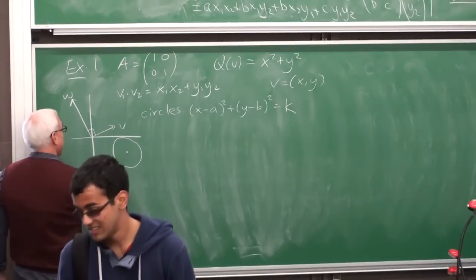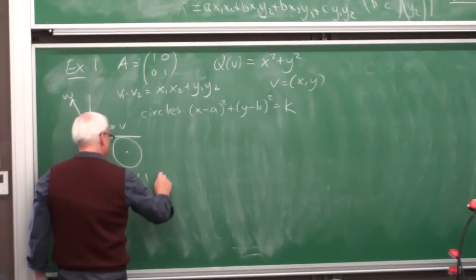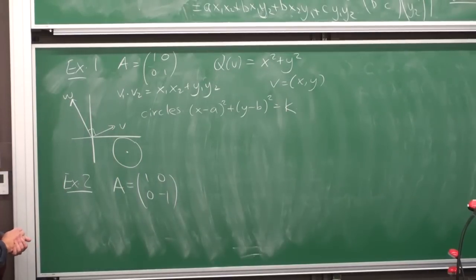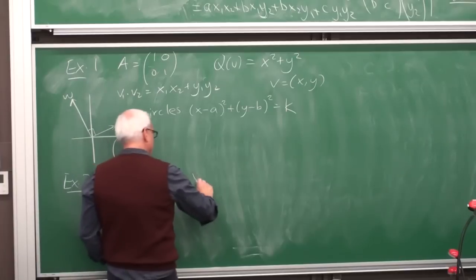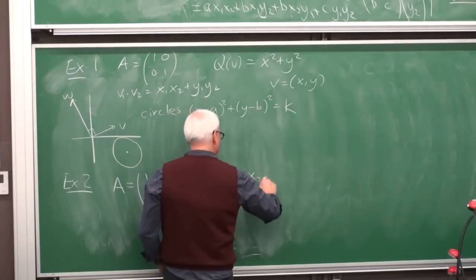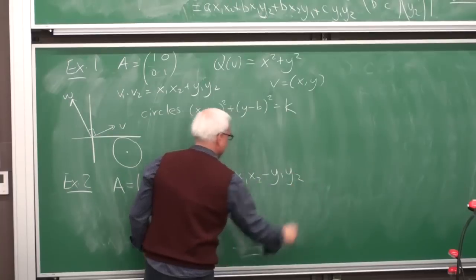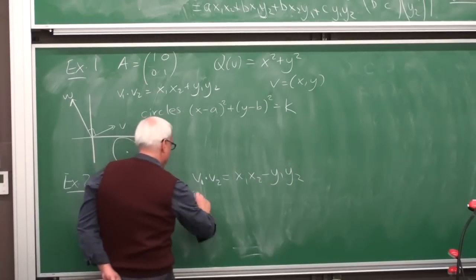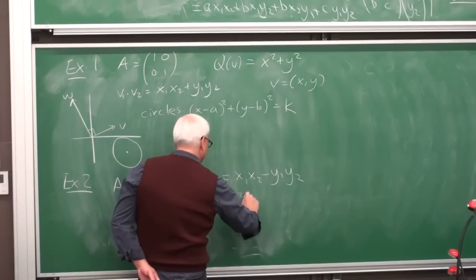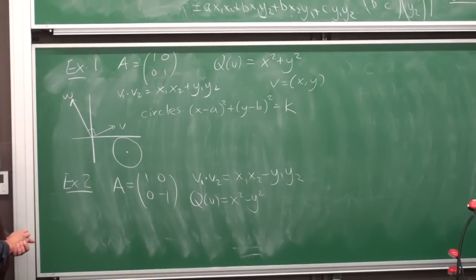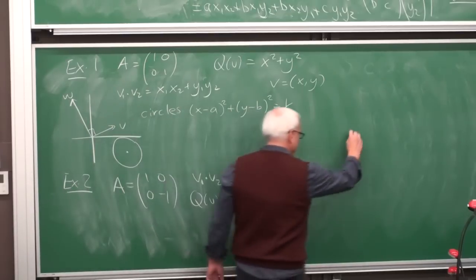Let's look at what happens when we look at the matrix (1, 0; 0, minus 1). In this case, the symmetric bilinear form looks like x1 x2 minus y1 y2. And the quadratic form is x squared minus y squared. And what does perpendicularity look like?